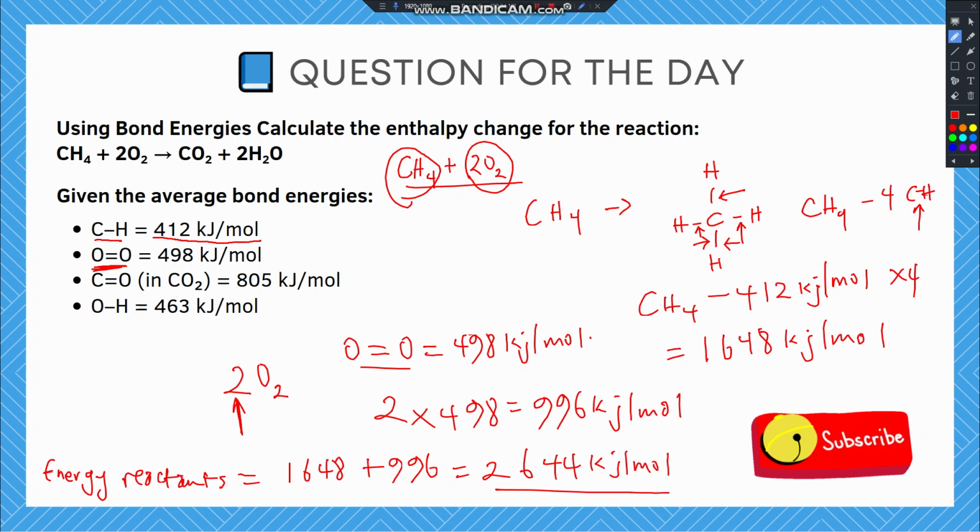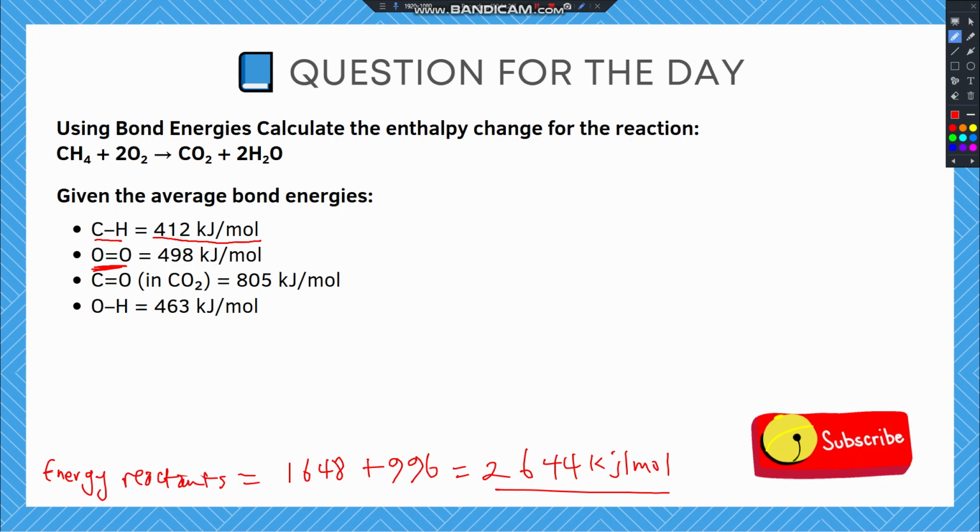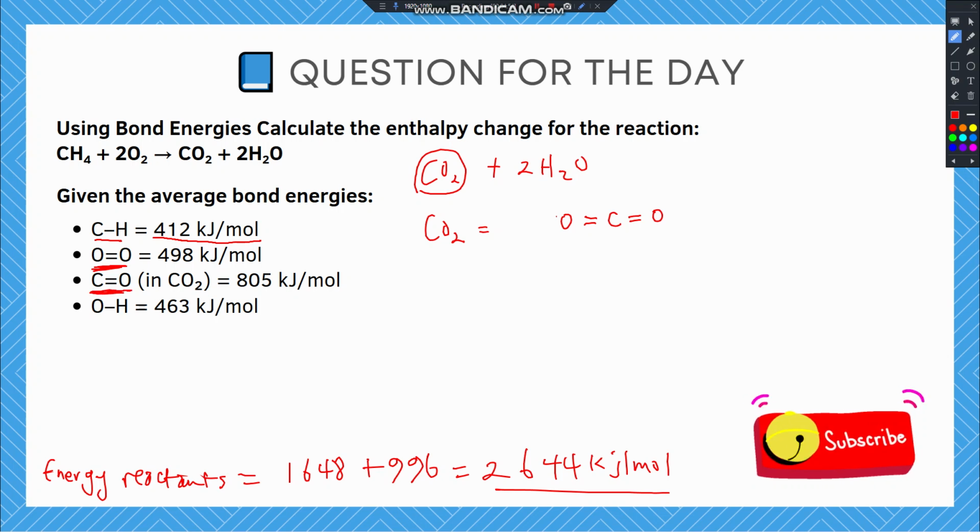So now that we have the ones for the reactants, let's go ahead and get the ones for the products. First things first, what are the products? The products are CO2 plus 2H2O. So let's get the bond energies for all the individual products. First of all, we have CO2. CO2 has this bond structure. We have C, which is linked to a couple of oxygen atoms. Now, from the bond energy rundown they have shown us that the C=O bond has a bond energy of 805 kilojoules per mole.